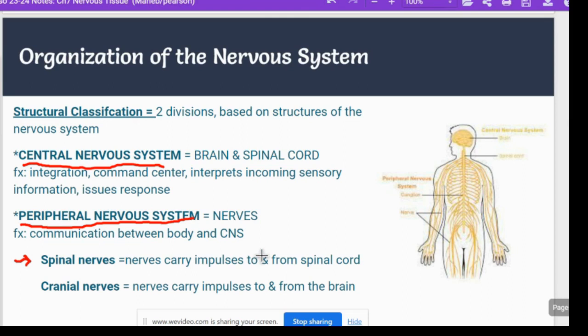Nerves that leave the spinal cord, those are efferent. And then you also have 12 cranial nerves. That's also part of your peripheral nervous system. And these are nerves that don't branch off of your spinal cord, but they branch directly off the brain. So this is the two broad classifications. You got the central nervous system, brain and spinal cord, and the peripheral nervous system, everything outside of the brain and spinal cord, all the nerves and neurons that branch off of the brain and spinal cord.